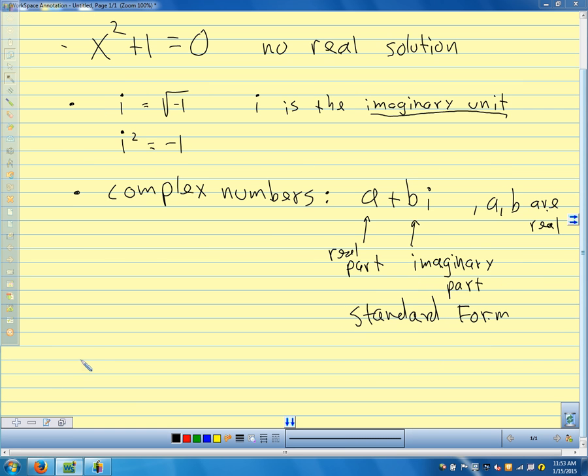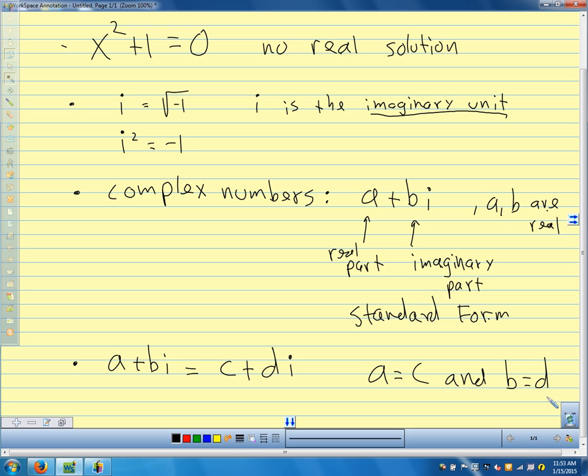All right. So if we have two complex numbers, a plus bi equals c plus di, when is this going to happen? What's going to be true if a plus bi equals c plus di? a equals c, and b has to equal d. And what we can say is the real part has to equal the real part and the imaginary part has to equal the imaginary part.